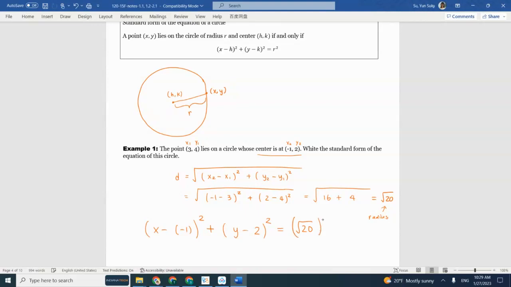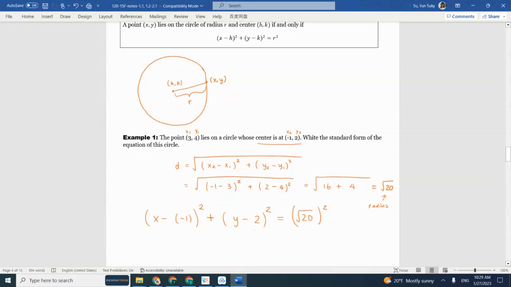This is the r, but we want r squared. Yes, everybody? Let's simplify. What is minus -1? Minus negative becomes plus, yes. And this is y minus 2 squared. Do you see square and square root cancel? So you get 20. So this is the equation of the circle.